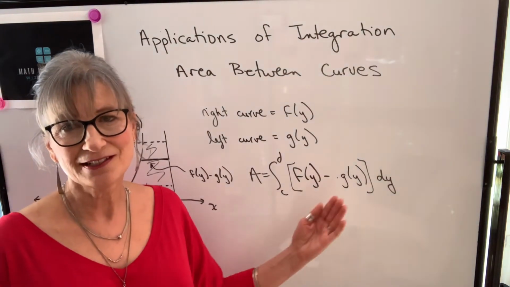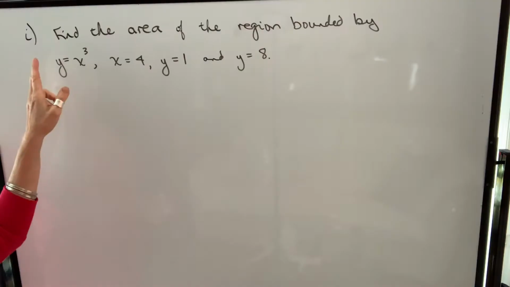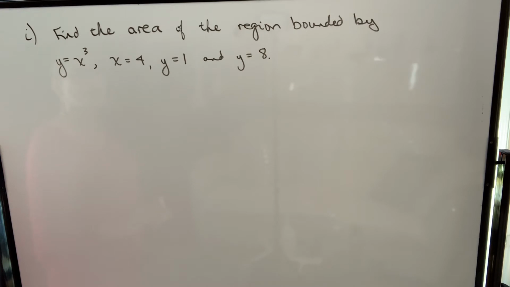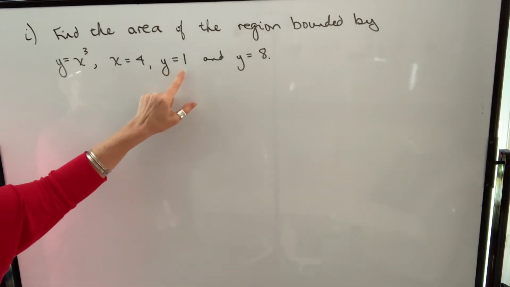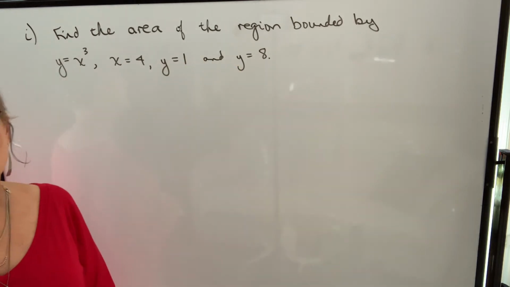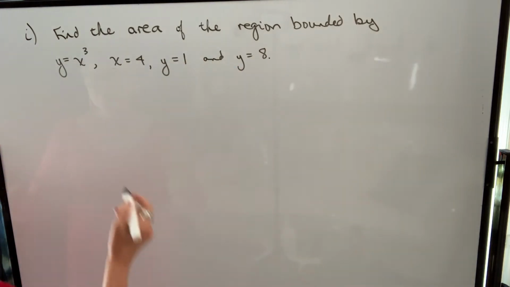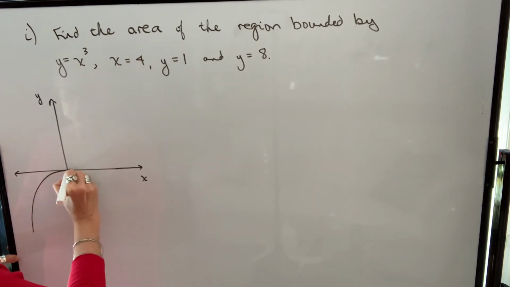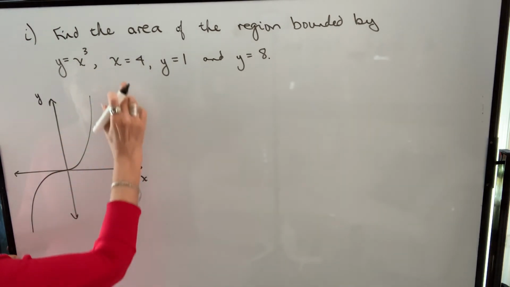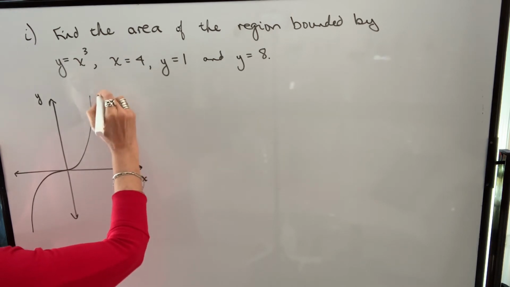Let's take a look at an example of using that. We're asked to find the area of the region bounded by y equals x cubed, x equals 4, y equals 1, and y equals 8. So our first step is to draw this. So y equals x cubed looks like this. X equals 4 is a vertical line.